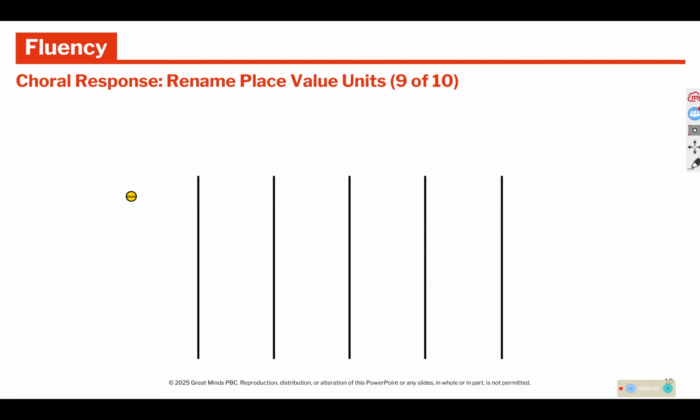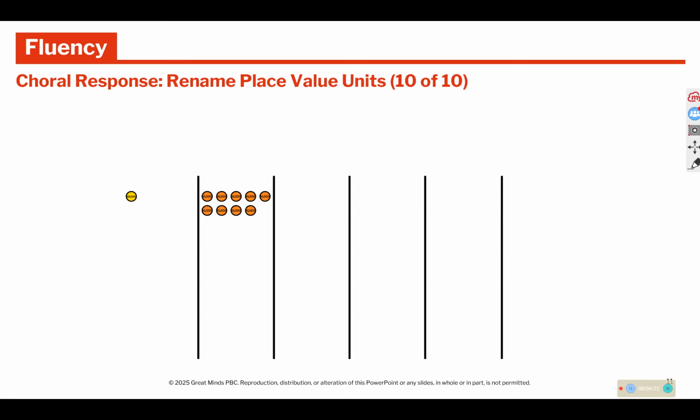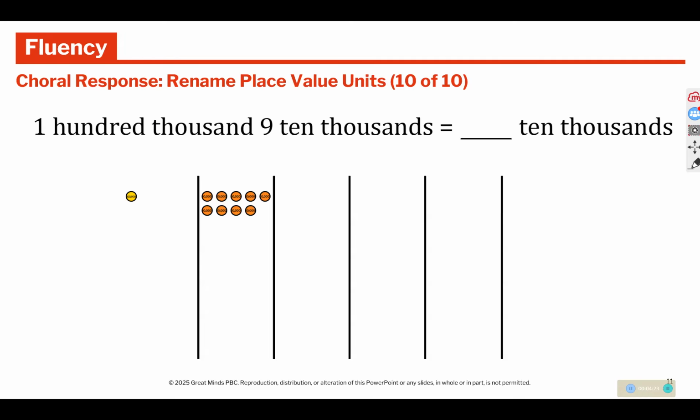Oh, I was mistaken. There's more than one left. Here I have 100,000. We're going to speed through these next ones. Think about your answer and then check if it's correct. One 100,000 and 9 10,000s is how many 10,000s?